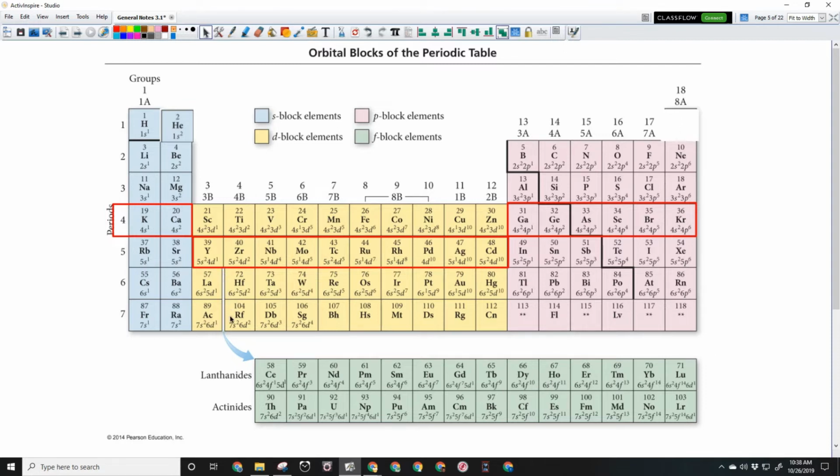Even though it fits right in here, in this section right here, as far as electron configuration purposes and the energy that these electrons hold, it's also considered to be in the F orbital. Okay, that's the extent that we're going to talk about the F orbital.